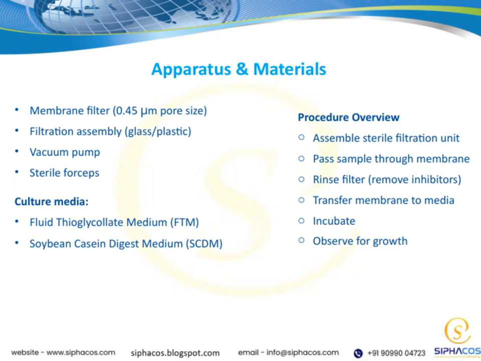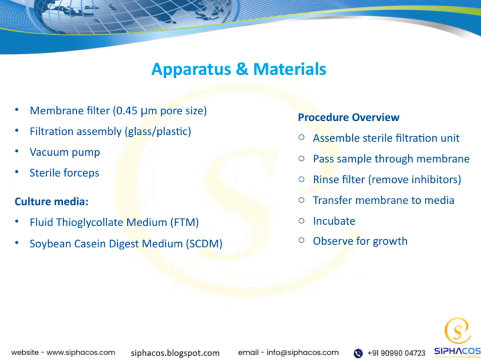Then, transfer the membrane to the appropriate culture media, which provides the nutrients necessary for any microorganisms to grow. The next step is incubation, where you'll keep the sample under controlled conditions to allow growth to occur. Finally, observe the culture for signs of growth, which indicates the presence of microorganisms.